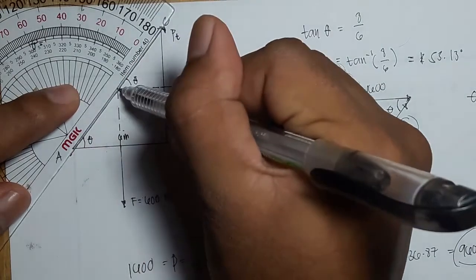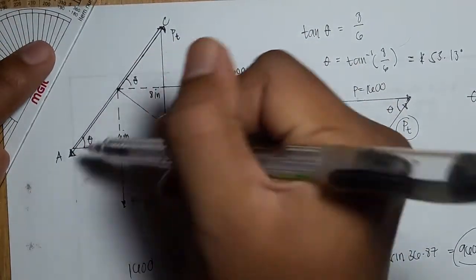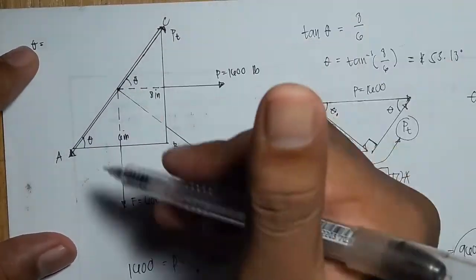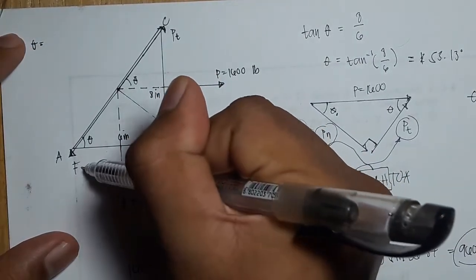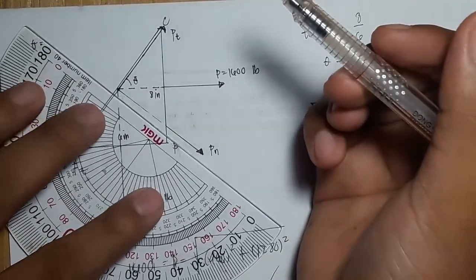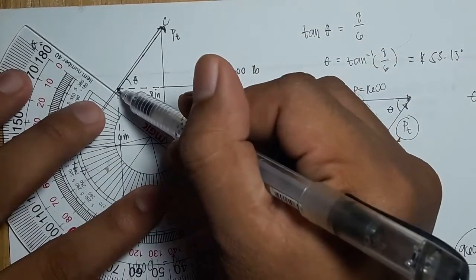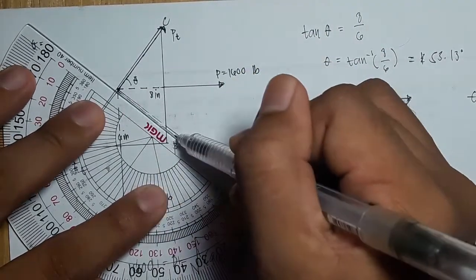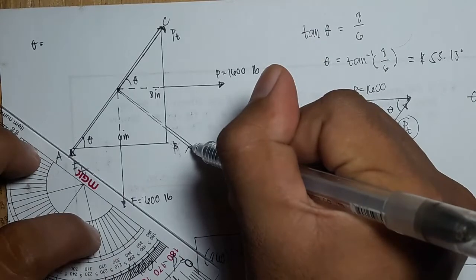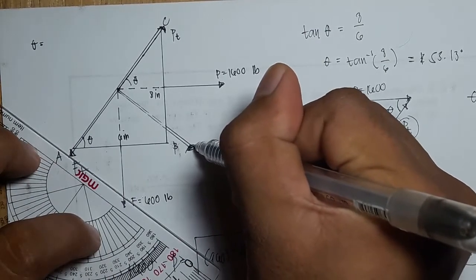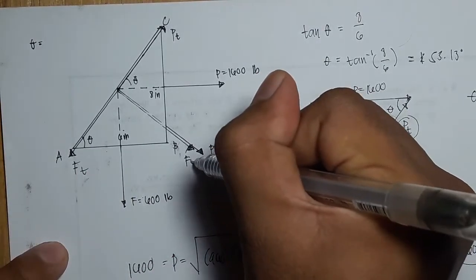So this is the tangential of force F. So it is Ft, and you can still put here a second line for Fn.